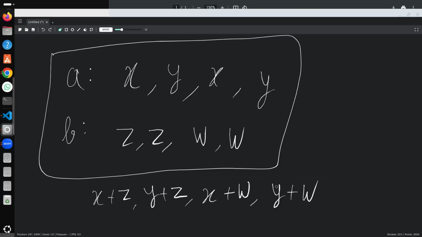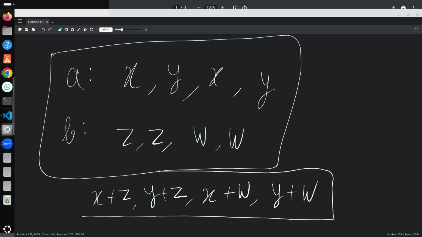And since we know that X is not equal to Y and Z is not equal to W, therefore out of these four elements, at least three are distinct. X plus Z. Yeah.